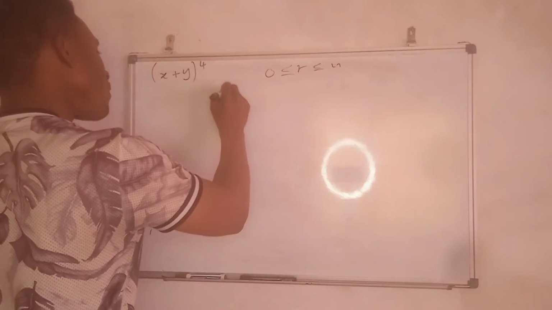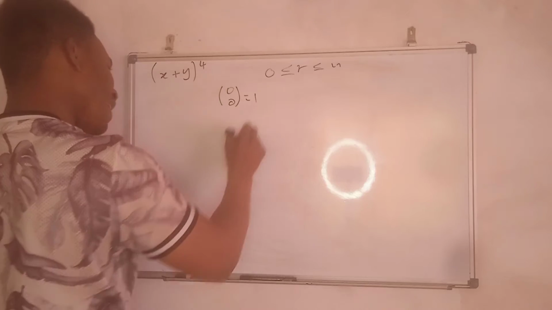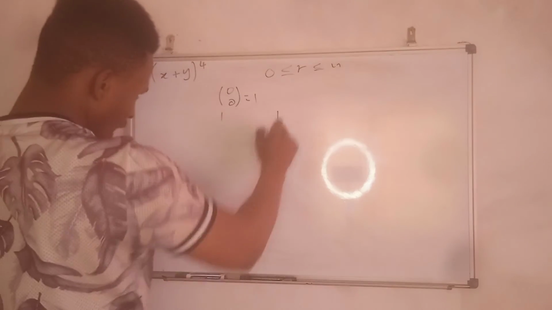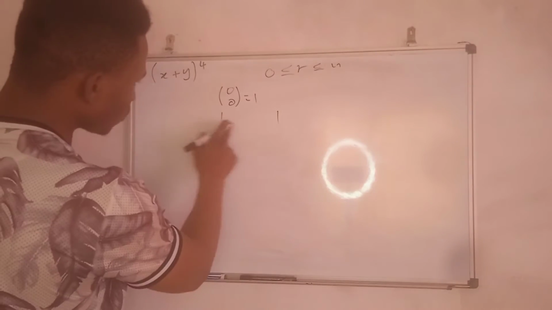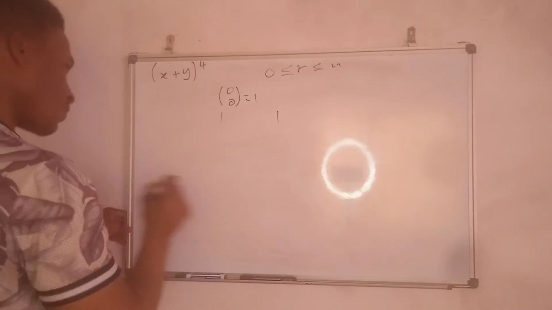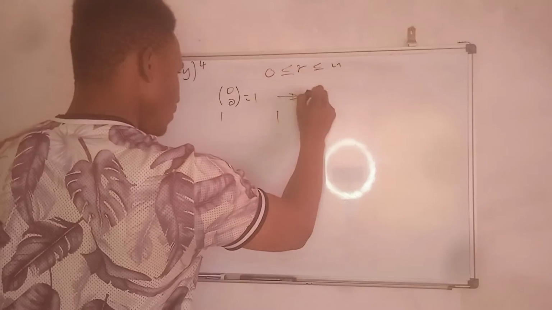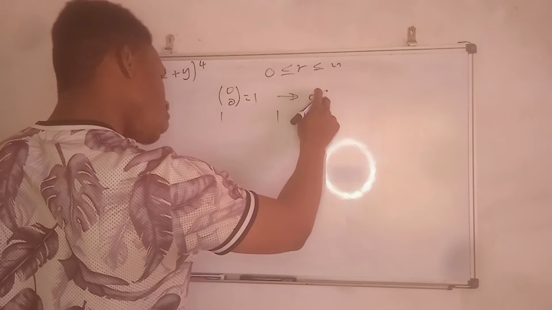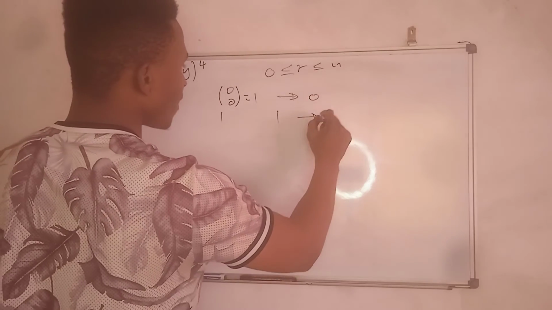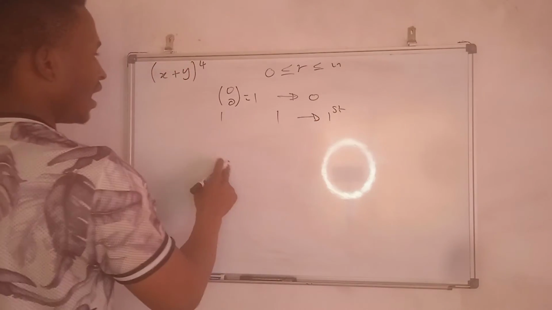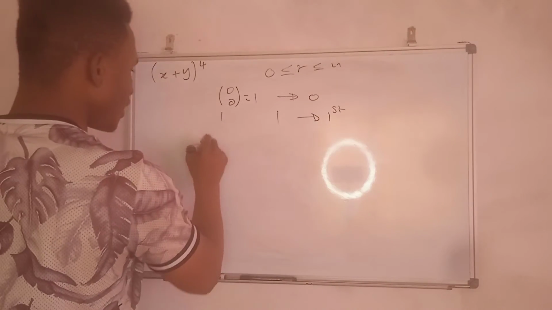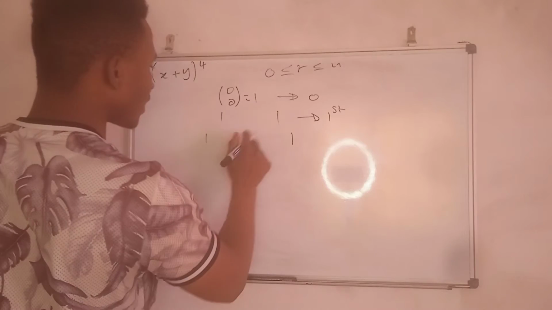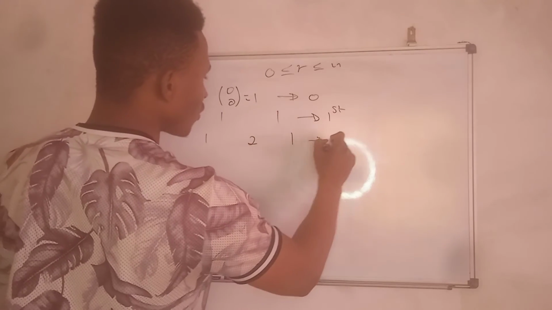We know that the combination of 0 and 0 is 1, so I can just put 1 and 1 here. This will be my 0 exponent, and this one will be my first exponent. As I'm going down, I'm adding 1 and 1 again here. So 1 plus 1 is 2, and this one will be my second.